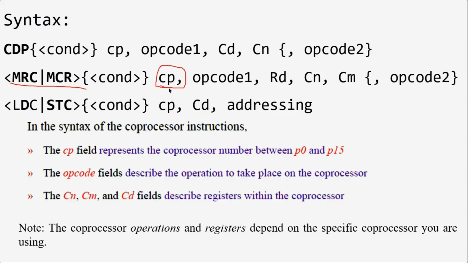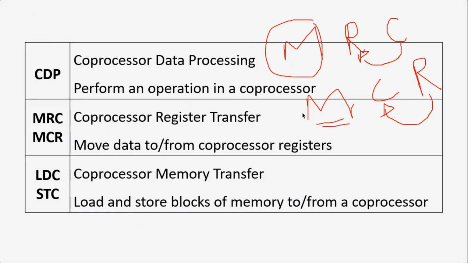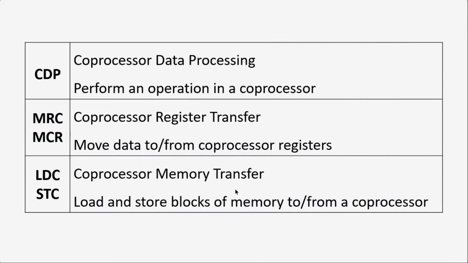Which processor we are communicating with, and its data transfer operation, register copy mode operation, and here we have CD, CN, CM. So either from coprocessor we will transfer to the regular processor register, that is ARM processor register, or from ARM processor we will transfer to the coprocessor. That is the meaning of MRC, MCR. So this is data transfer.